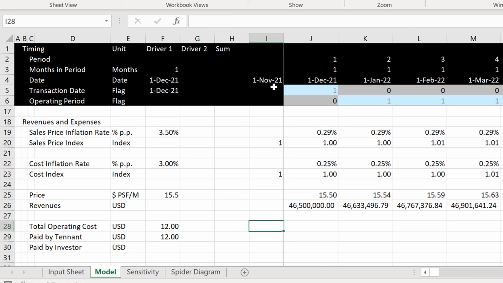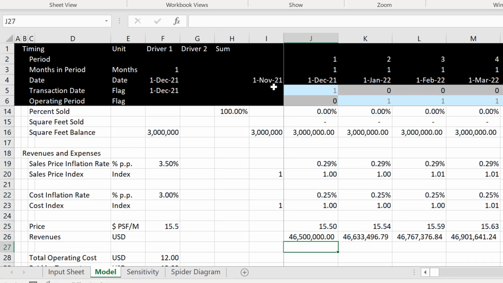You want to be able to read these. And this one, I should have multiplied this one, by the way, we want to make sure and have a transaction period here.